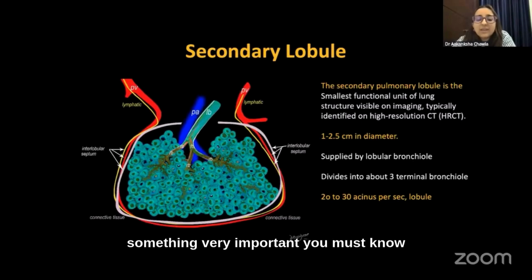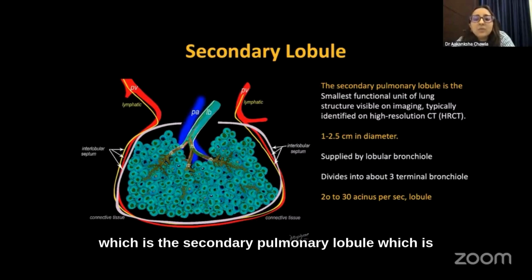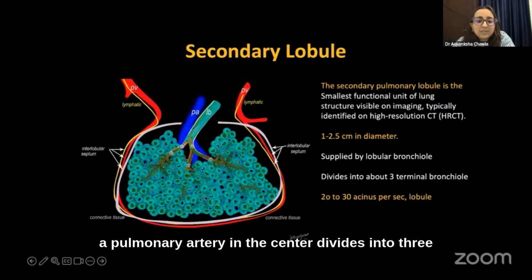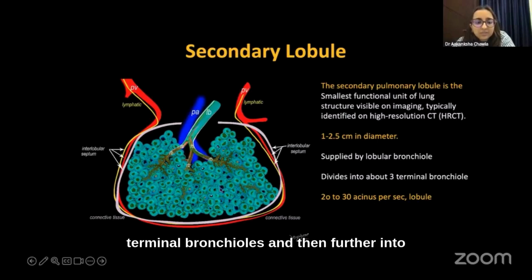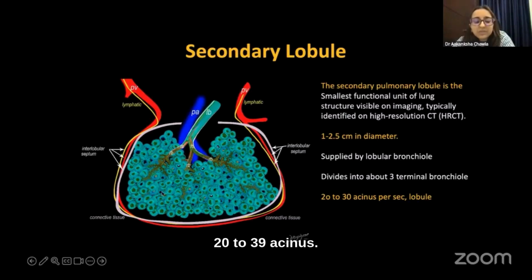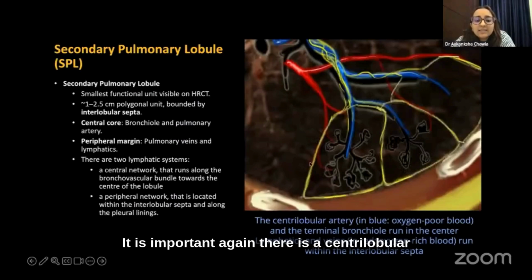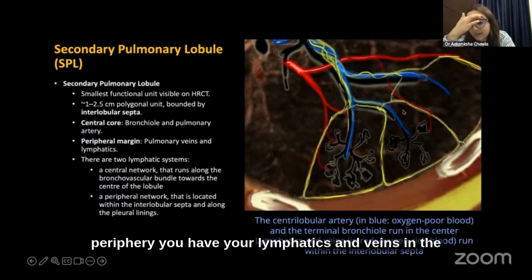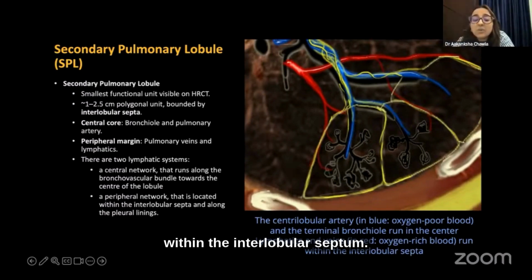And again, something very important, you must know the smallest functional unit of the lung structure which is visible on imaging, which is the secondary pulmonary lobule, which is supplied by a lobular bronchiole and a pulmonary artery in the center, divides into three terminal bronchioles and then further into 20 to 39 acini. It is important. Again, there is a centrilobular artery in the center with a terminal bronchiole, and at the periphery, you have your lymphatics and veins within the interlobular septa.